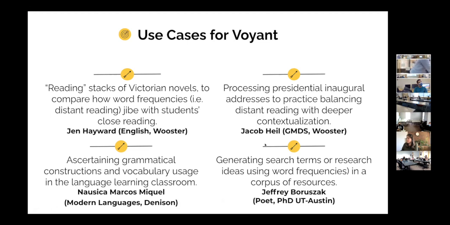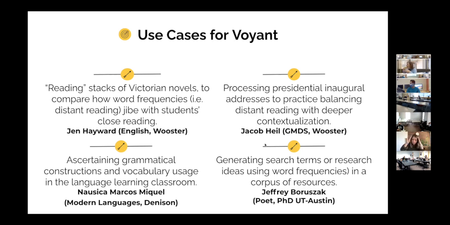And then finally, a use case that will be close to the hearts of the librarians around using Voyant as part of your research strategy. So I'll link to the description of this in a later slide as well.